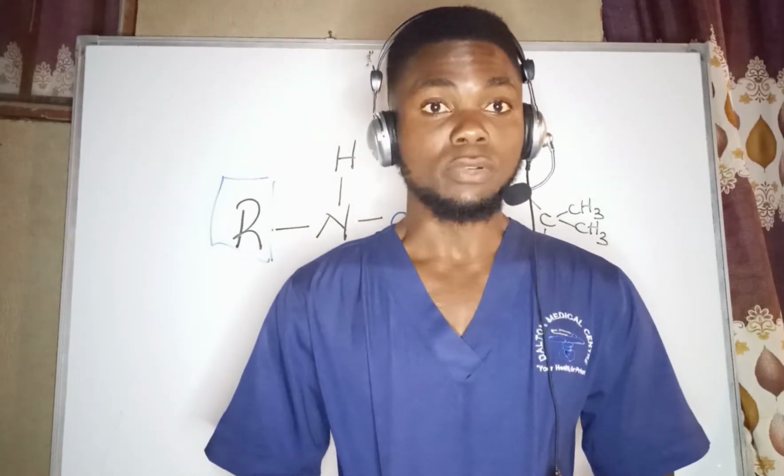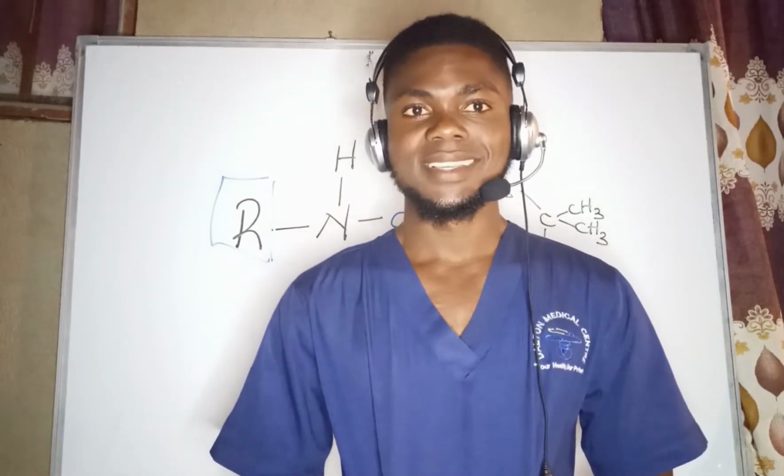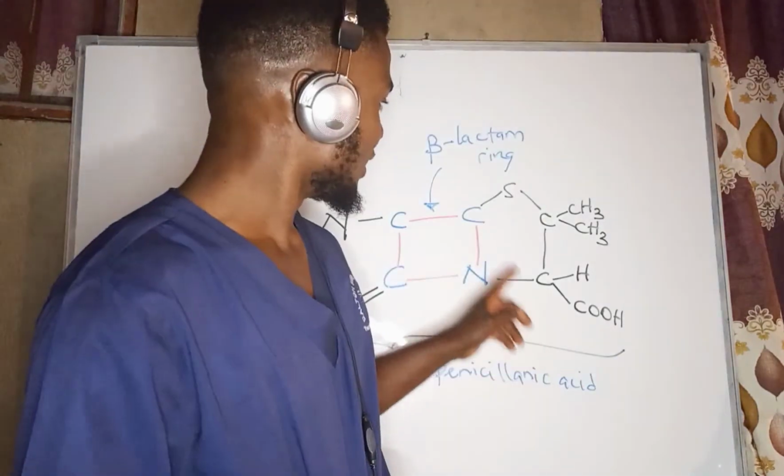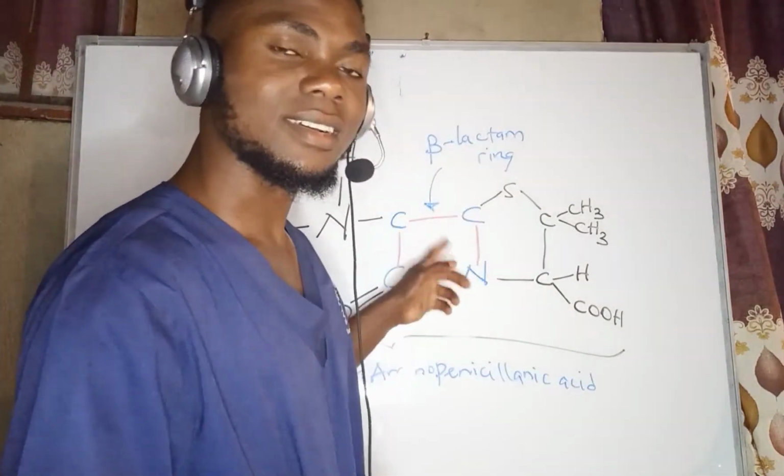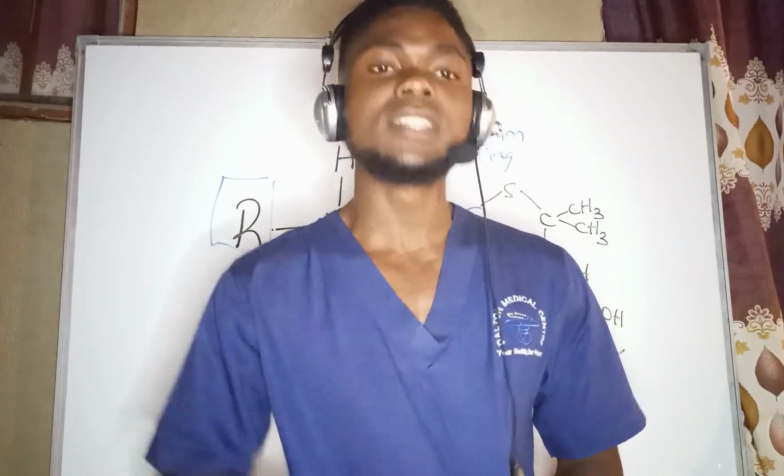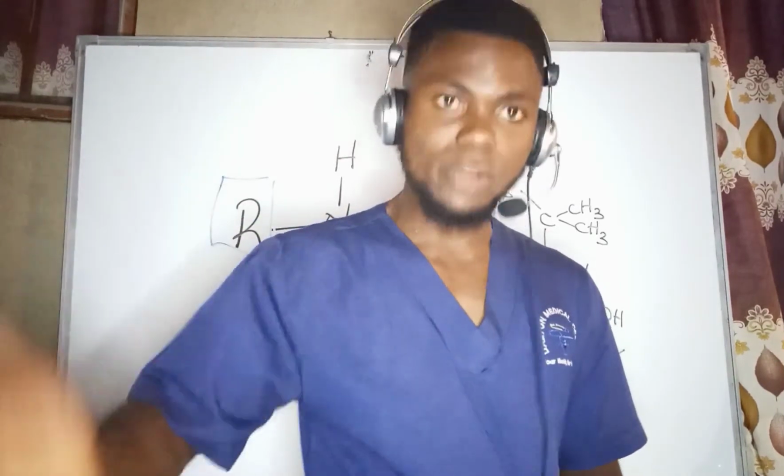So these bacteria produce these beta-lactamase enzymes, and those enzymes are going to come and break our beta-lactam ring. Another method of resistance can be via efflux pumps. Some bacteria have efflux pumps which keep on pumping the drug outside the bacteria before it could be effective.